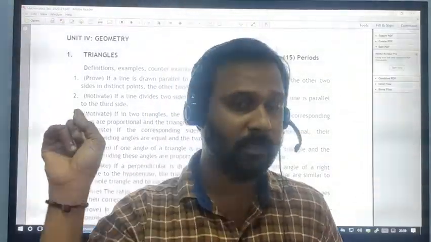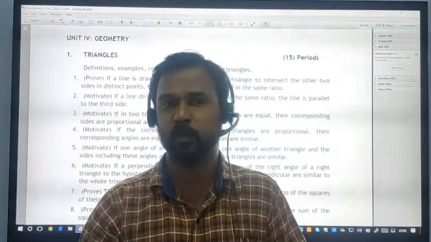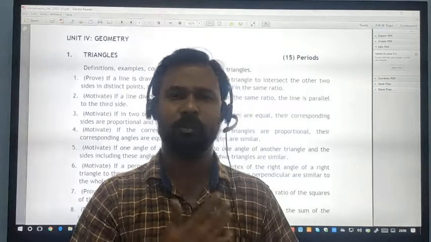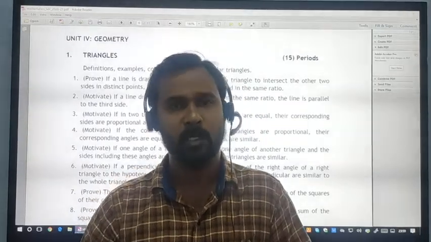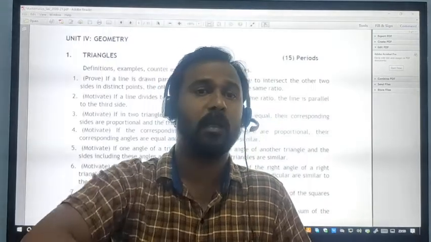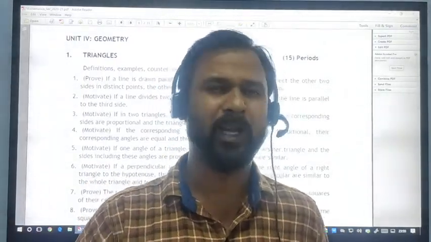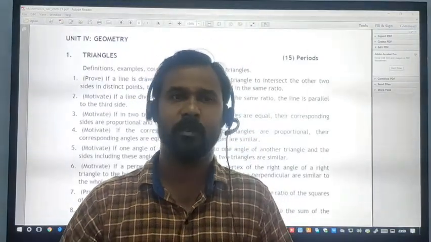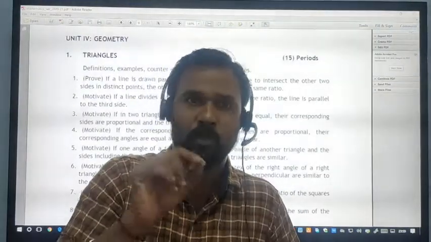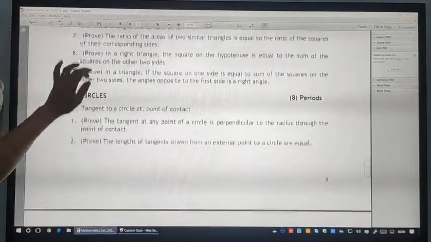If you remember, in 9th class we discussed congruence. Here we will discuss similarity. There are different theorems like the basic proportionality theorem, Pythagoras theorem, and the converse of Pythagoras theorem with theoretical proof. Here students may feel some difficulty. So one chapter to concentrate on more in 10th class is triangles.